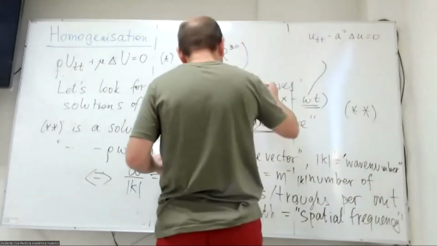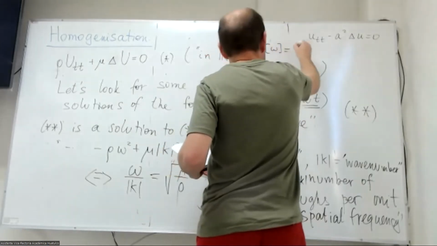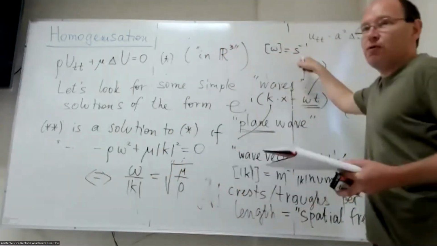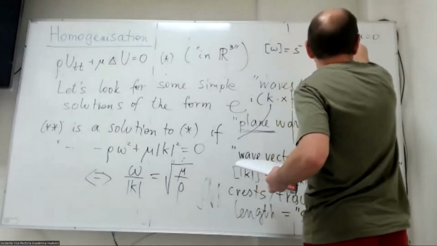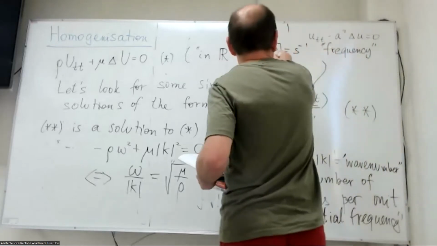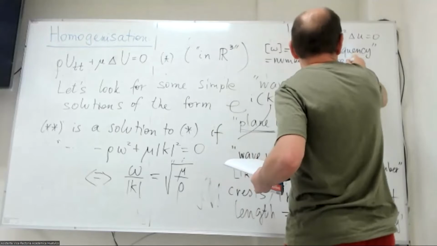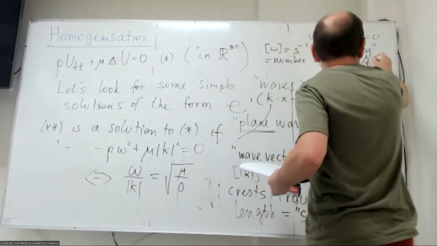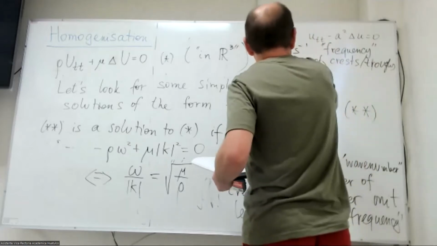It is measured in seconds inverse, and this is frequency, the number of crests or troughs per unit of time.